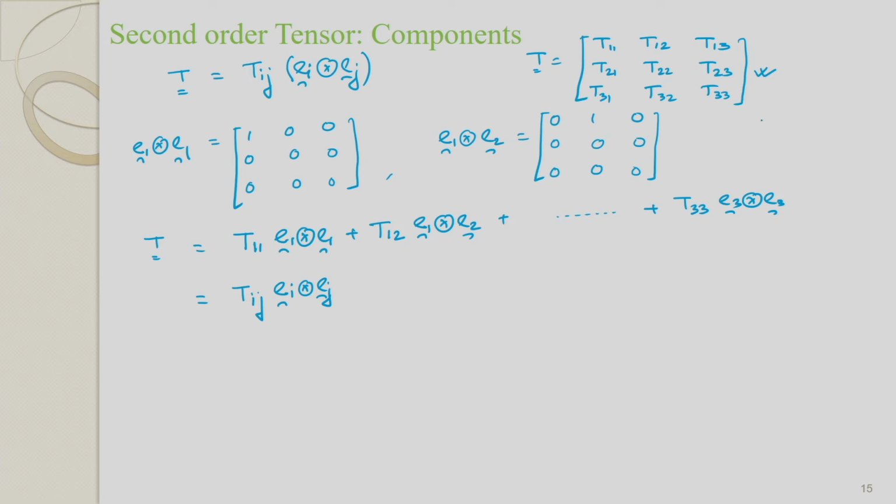So combining 3 basis vectors in dyadic product, we have 9 such components, each of which acts as a basis for second order tensors. Therefore, Ei dyadic Ej are called the canonical basis for second order tensors.